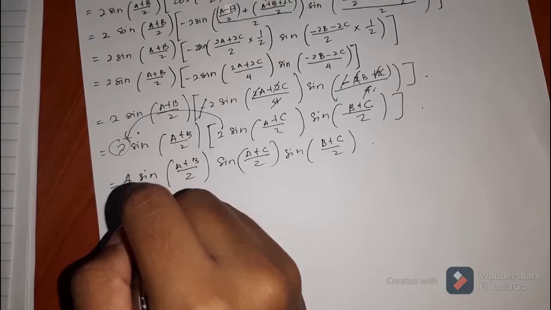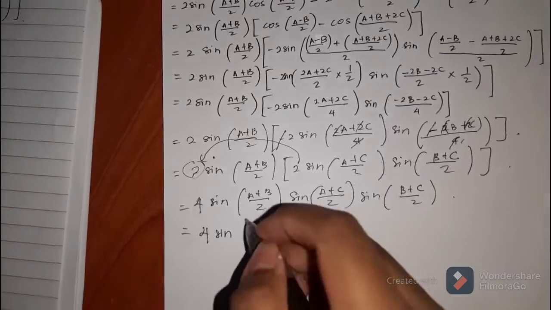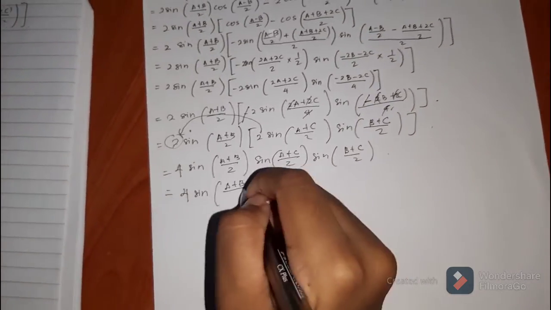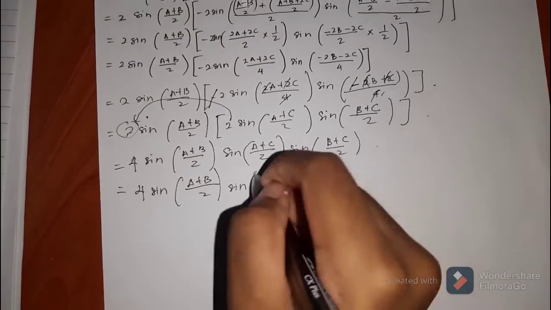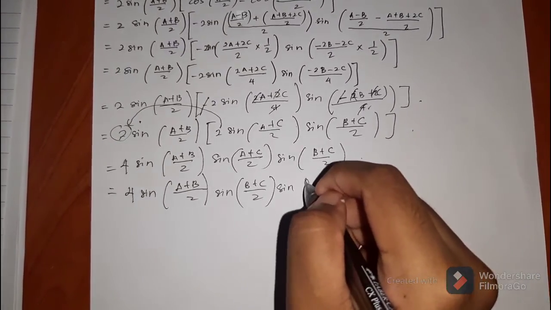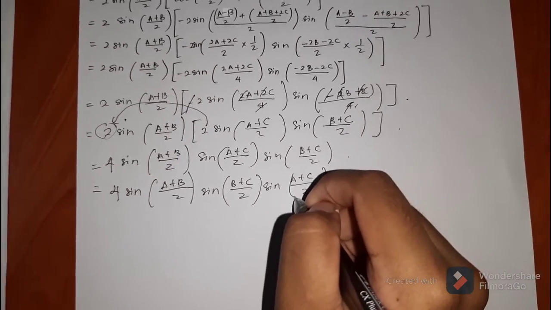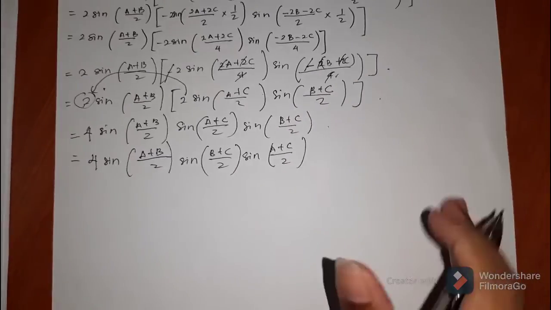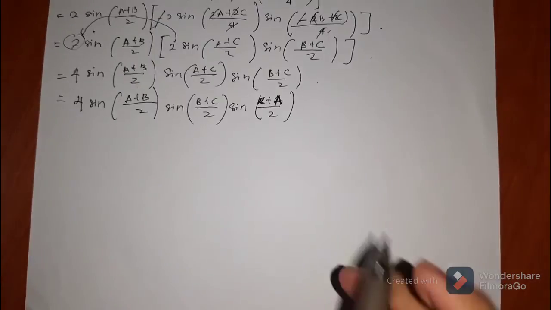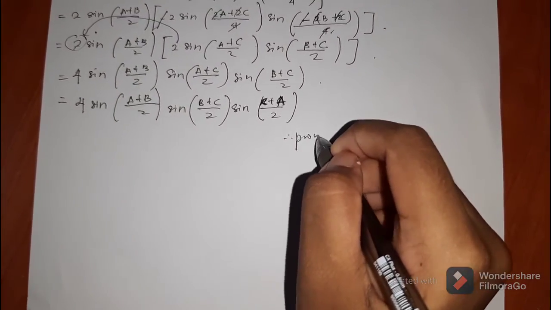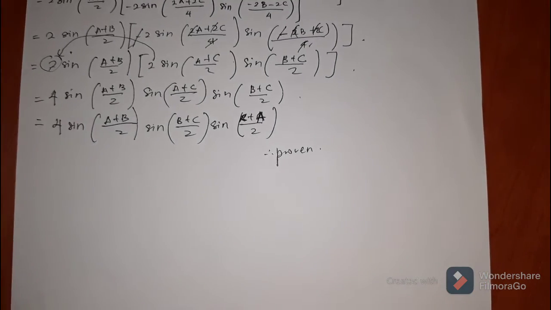Left hand side is equal to right hand side, so write it back, rearrange it: 4 sine a plus b over 2, sine b plus c over 2, sine a plus c over 2. So it is proven that left hand side is equal to right hand side.